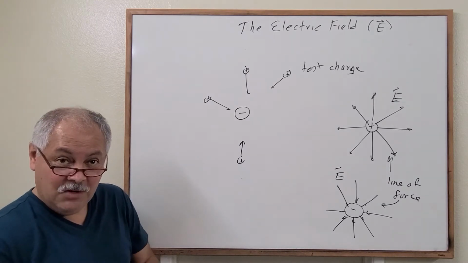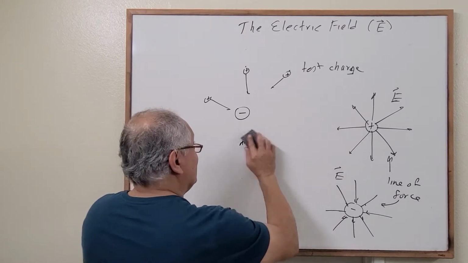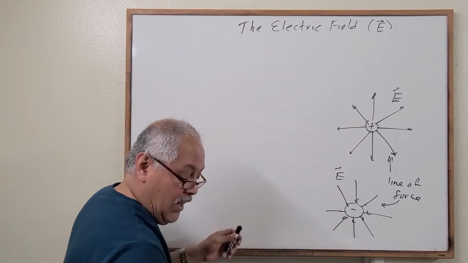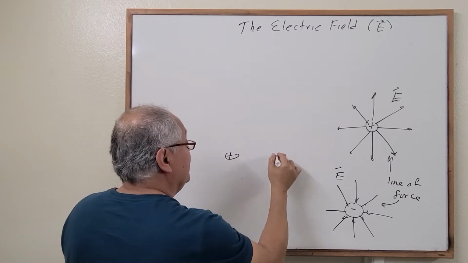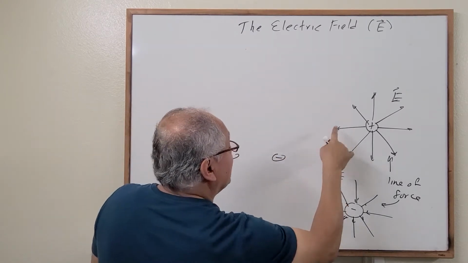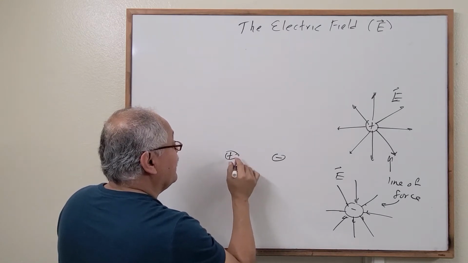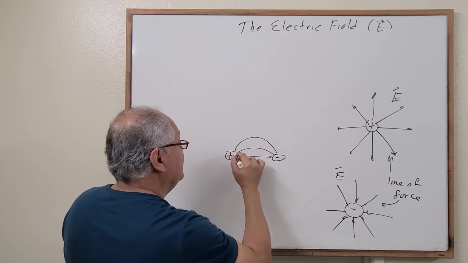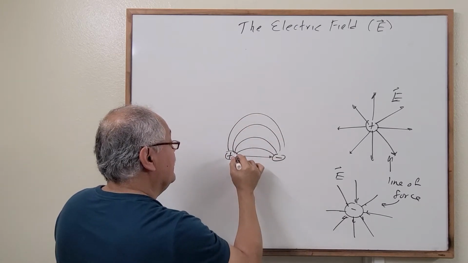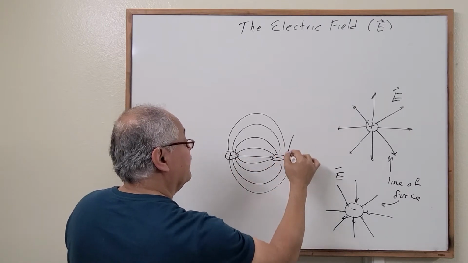What happens when we place these two charges together? Okay, let's do it. In this case, we have this arrangement. This is positive and this is negative. Well, remember, the lines leave the positive charge, so it's going to be in this way. It goes from positive to negative, correct?